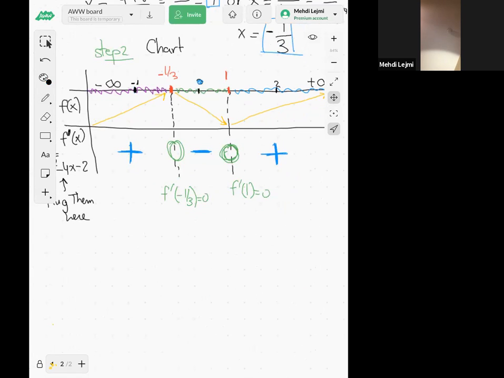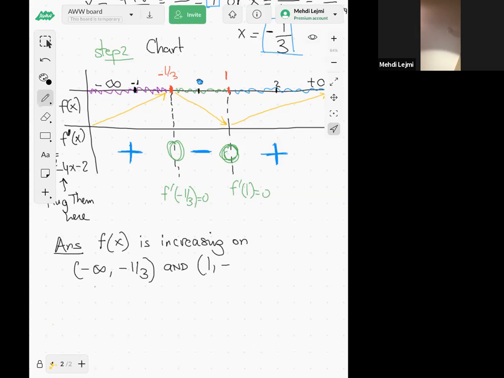The function f of x is increasing on negative infinity to negative 1/3 and positive 1 to positive infinity, and decreasing on negative 1/3 to positive 1.